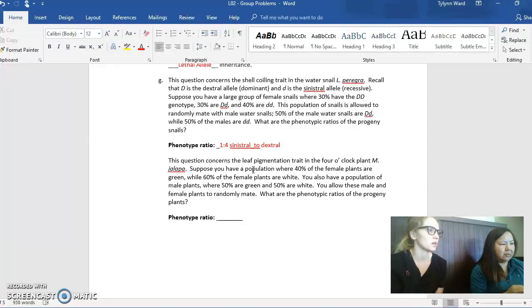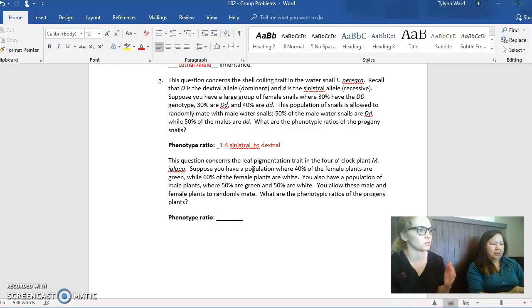I guess. Yeah, I don't know. So what I did is I wrote out the possibilities of what it could be, like the genotype ratio, and then I multiplied it across. Yep, and then took the phenotypic ratio. So it would be 1 Sinistral to 4 Dextral. That's what the phenotypic ratio is that we got. So there is a 20% chance that it would be Sinistral. It would be 20%.